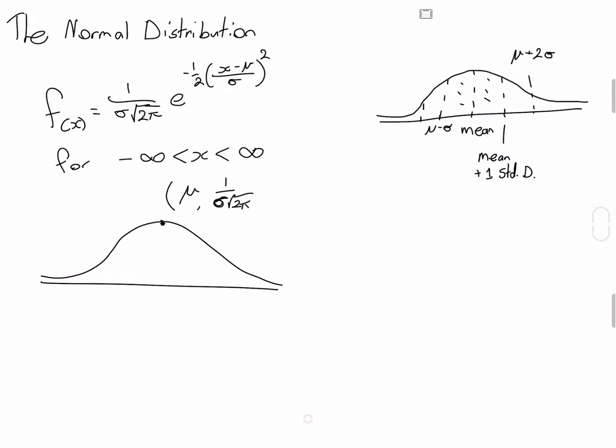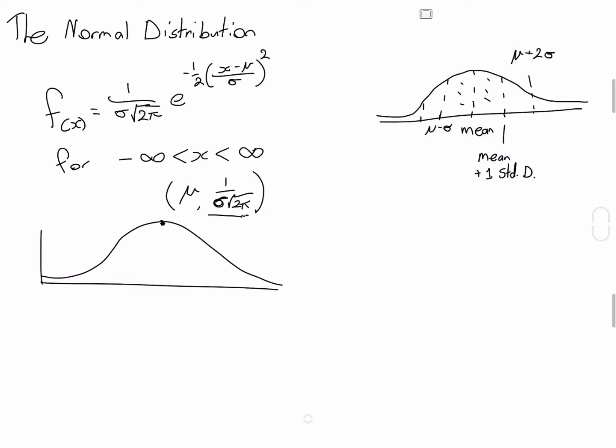Now, why is it the fact that it's our mean for our x value, so we know that, but why does this bit here be our value of y, or f of x?